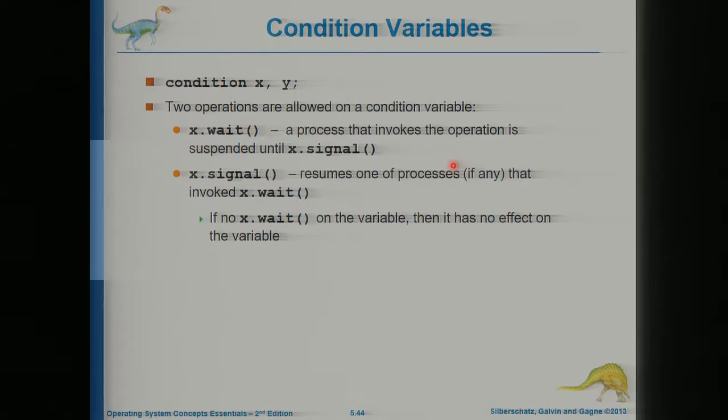Any process that wants to enter the monitor will have to wait for one of these conditions. So if x is busy, another process can go for y. If y is free, it can take the y condition and execute. In that way, it can have two conditions.